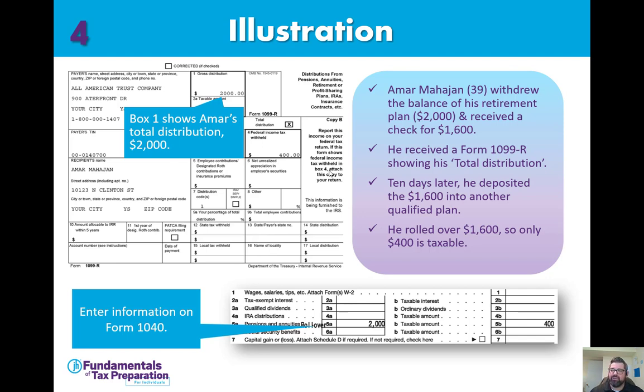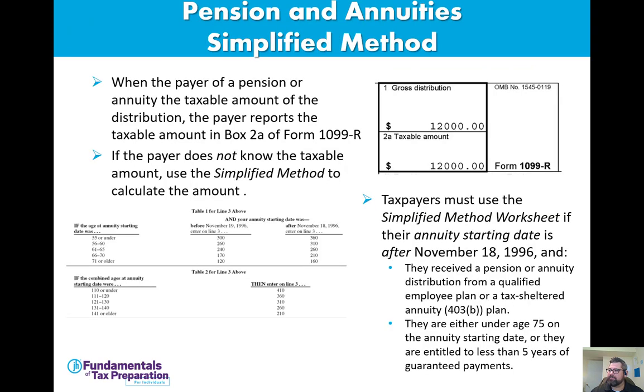Okay, so again, it's talking about the form. On this one, it does say gross distribution of $12,000 and taxable amount of $12,000. Again, that might be blank, but when you put the information in Profiler, it will determine the taxable amount.